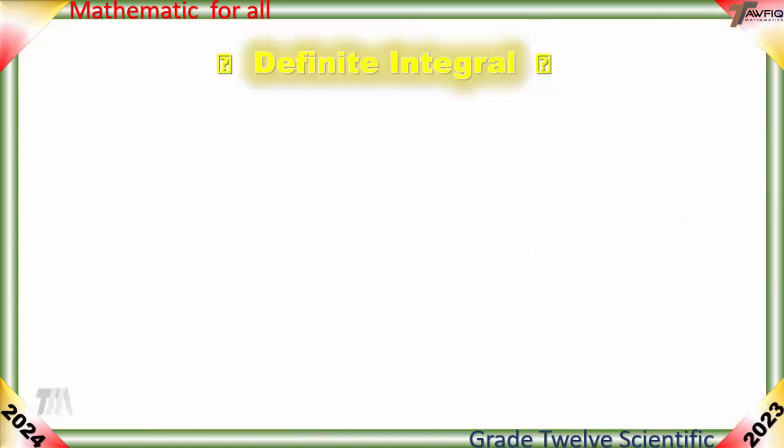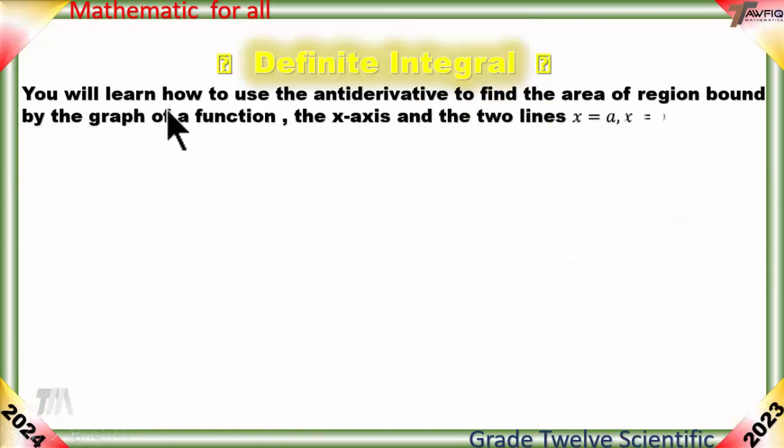Definite integral. We will learn how to use the antiderivative to find the area of region bounded by the graph of the function, the x-axis, and the two lines x equal a and x equal to b.